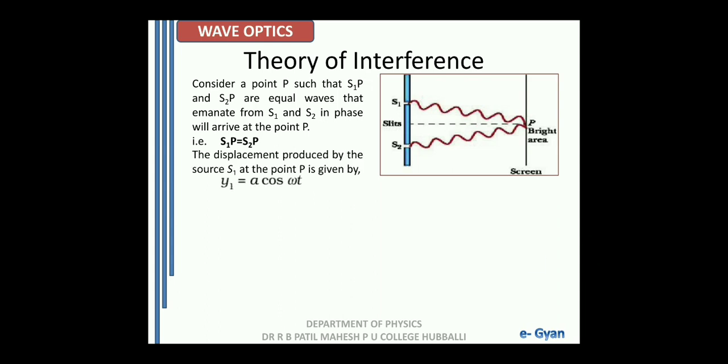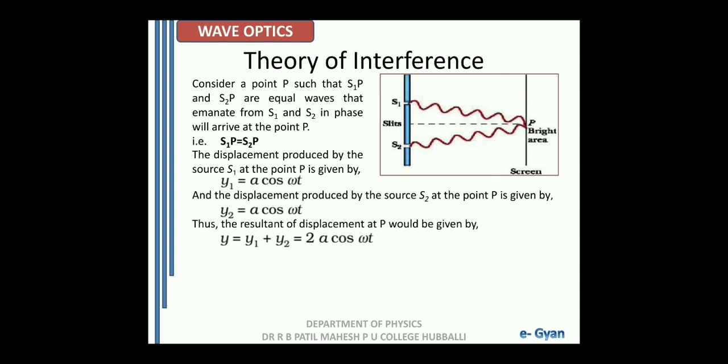The displacement produced by the source S1 at point P is given by y1 = a cos omega t, and the displacement produced by the source S2 at point P is given by y2 = a cos omega t, where a is the amplitude of the wave and omega is the angular frequency. Now when these two waves superpose at point P, the resultant displacement is y = y1 + y2 = 2a cos omega t.